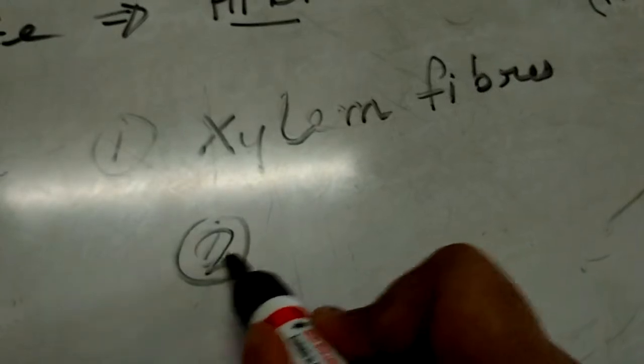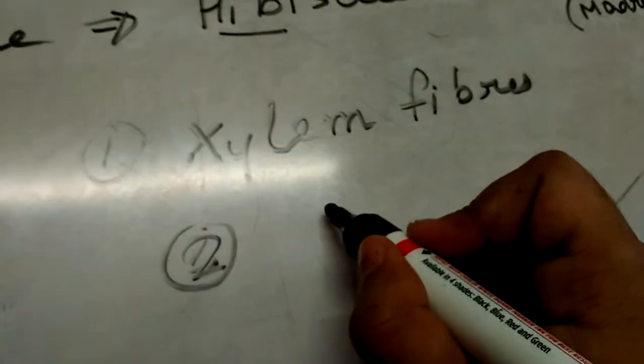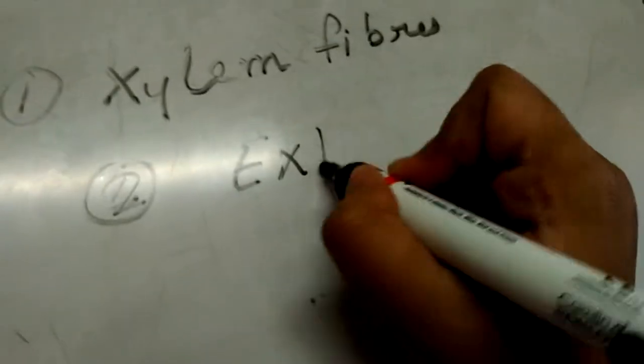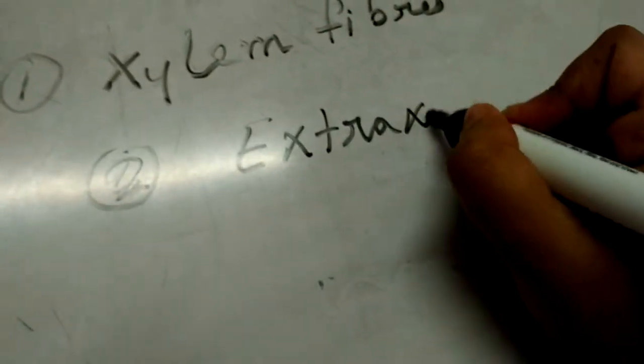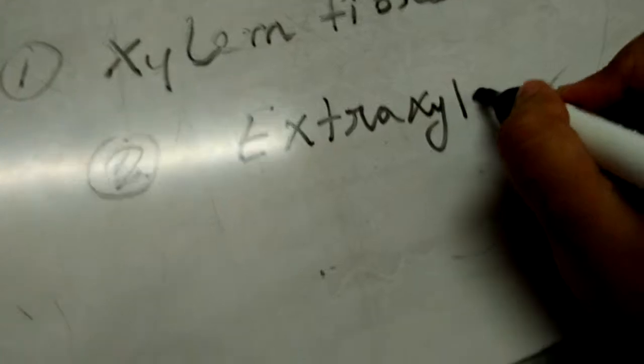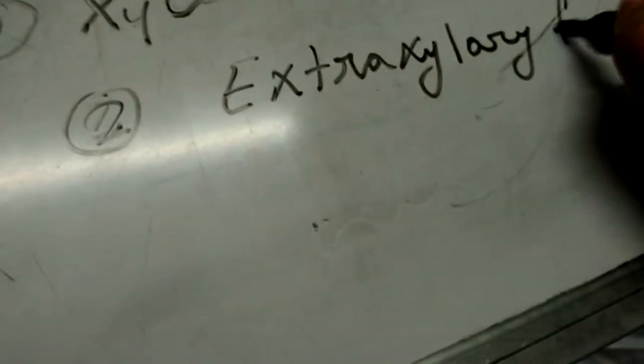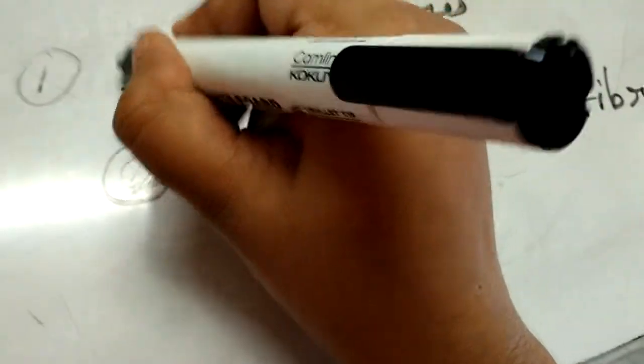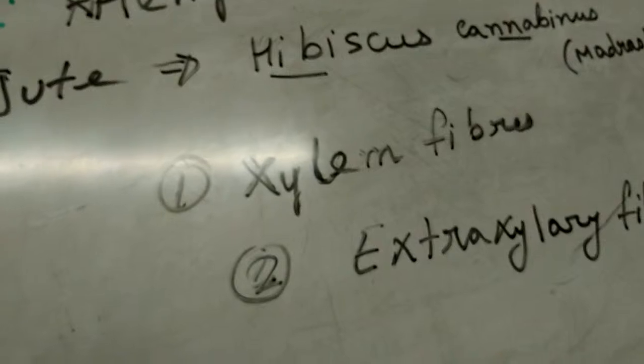And the second type is extraxillary fibers. So these are two main categories of fibers: xylem fibers and extraxillary fibers.